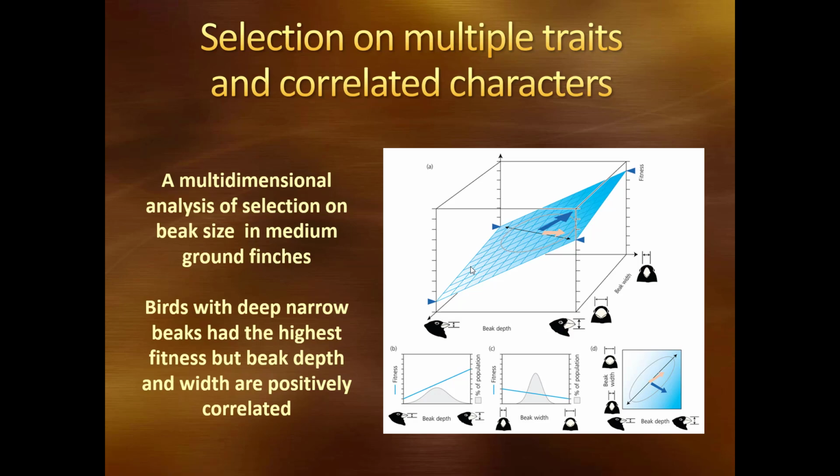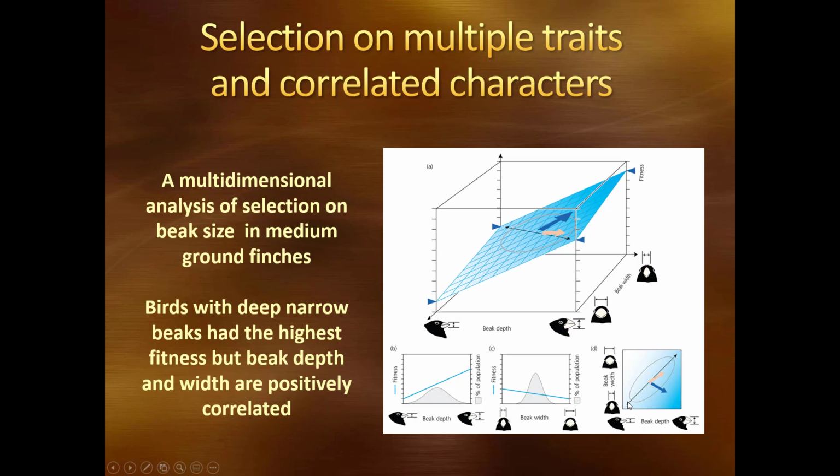What they're trying to show here is that if you have selection on many traits at one time, you might end up with selection working more on what we might think of as the trajectory of those two. So, flashback to physics a little bit, into trig. What they're looking at here is that your beak depth and your beak width are correlated. So typically if you have a longer depth and width, they're correlated.